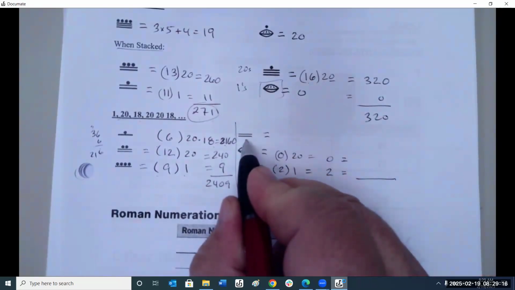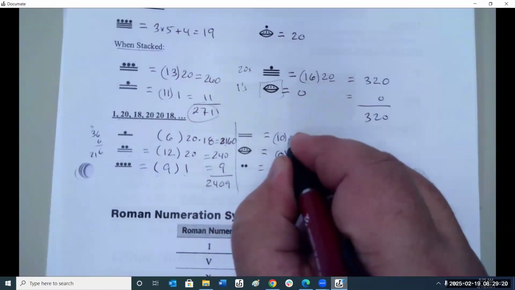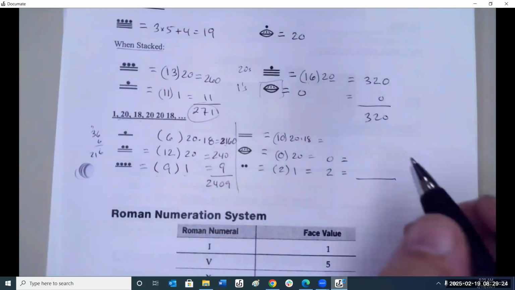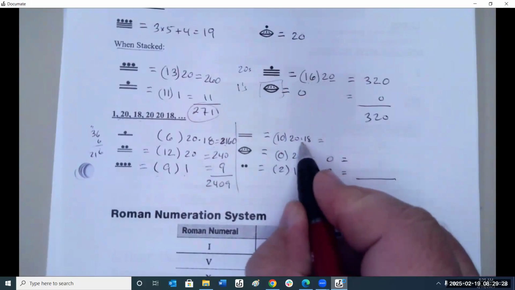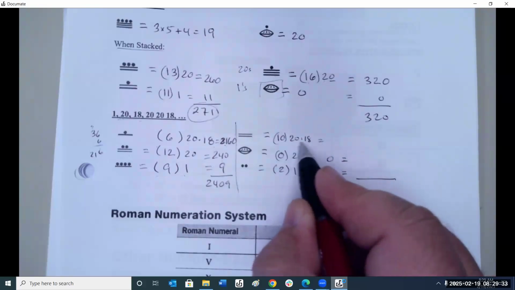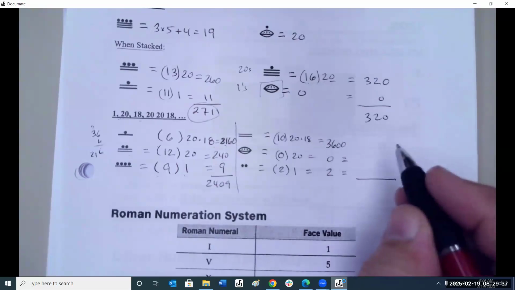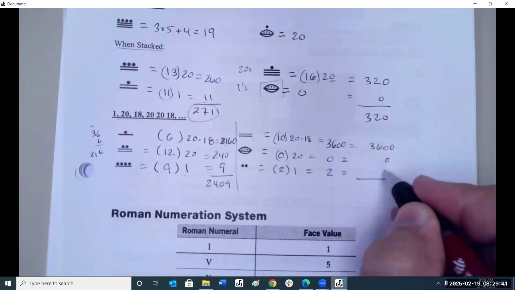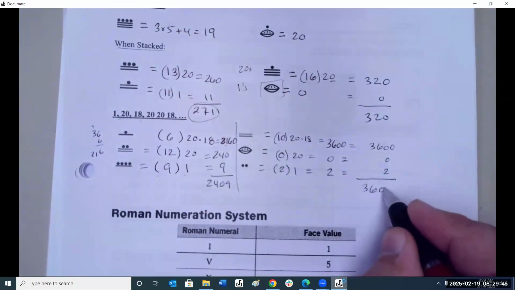And the last one? 10 times 20 times 18 is which is what? 20 times 18 is 360. 360 times 10. So if we add these all together, we get what? 3,602.